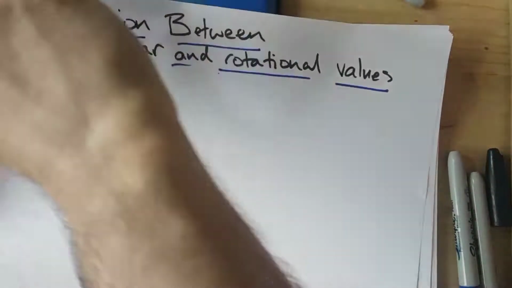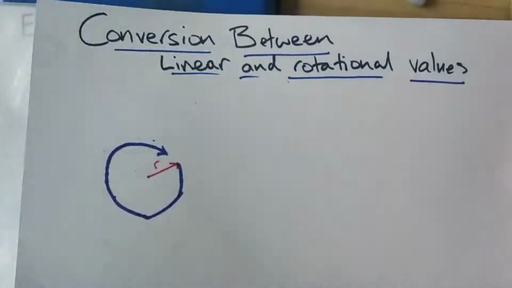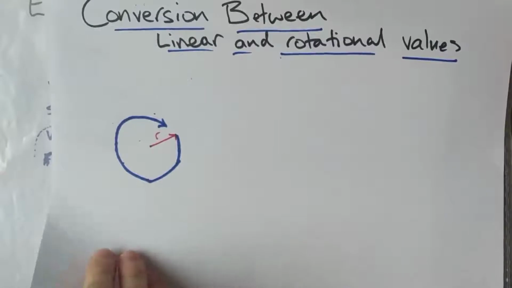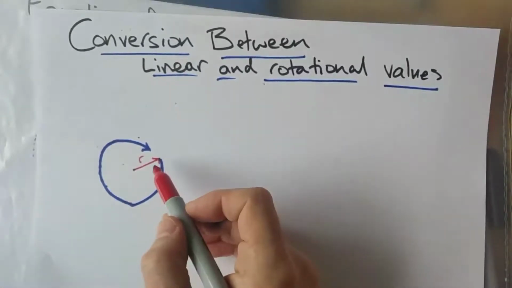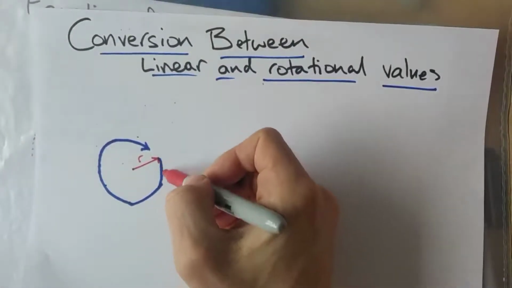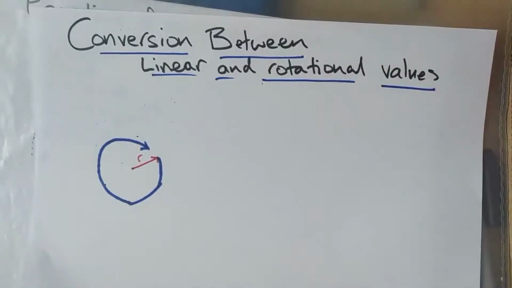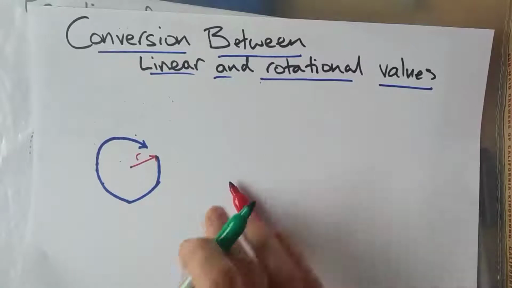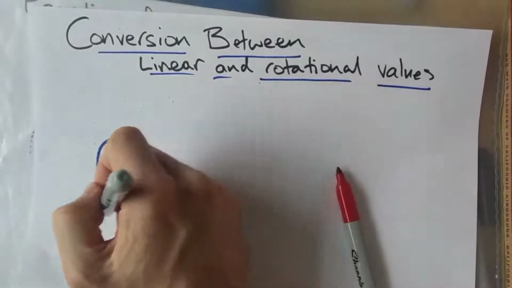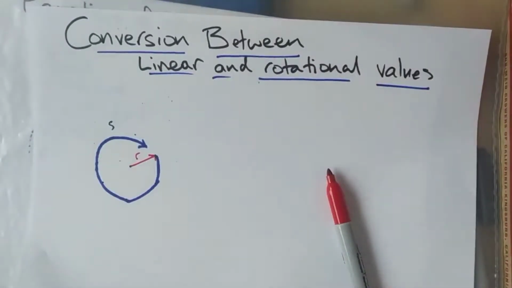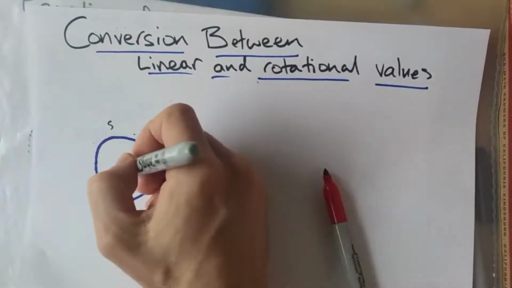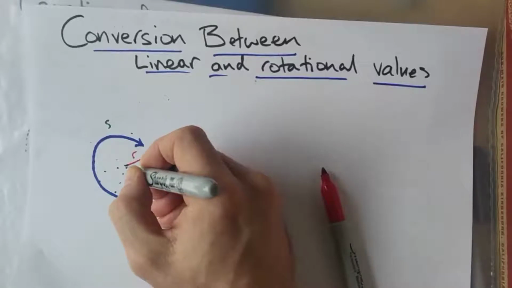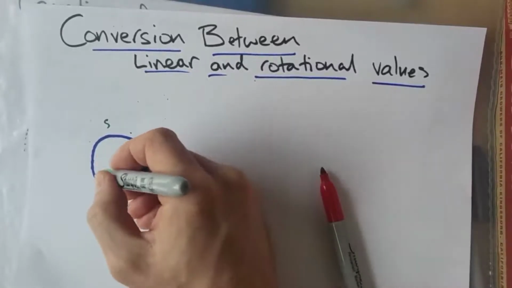Well, what are we going to do with them? The first thing to say is that there must be a link, right? If you think about an object moving in a circle, so I've got a circle here of radius r, and this blue path shows an object rotating around. There must be a link between the linear displacement, how far it travels around the circumference of this circle, and the angular displacement, the increasing angle that it subtends over time.